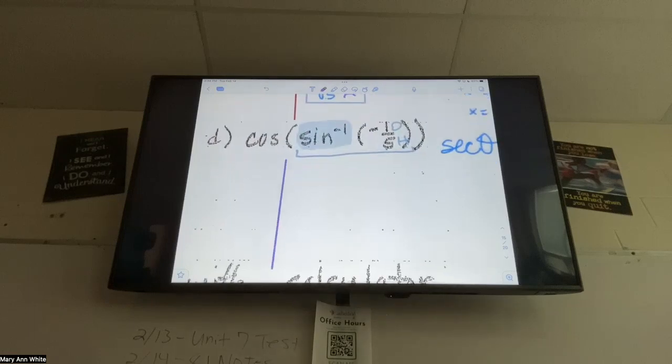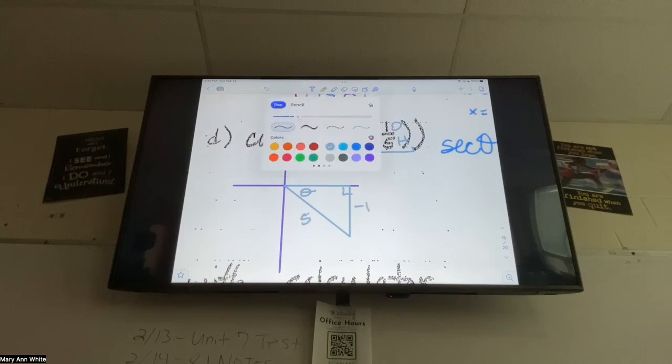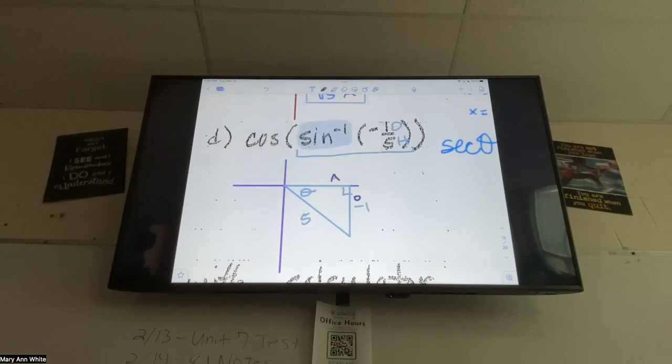I'm going to draw my little axes. Got my little triangle. I've got my opposite, I've got my hypotenuse, I just don't have my adjacent.